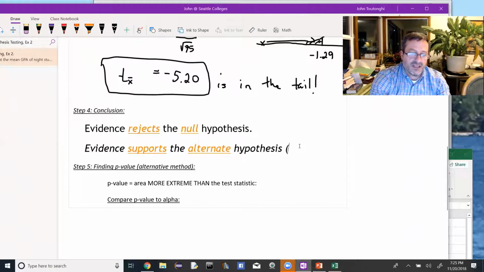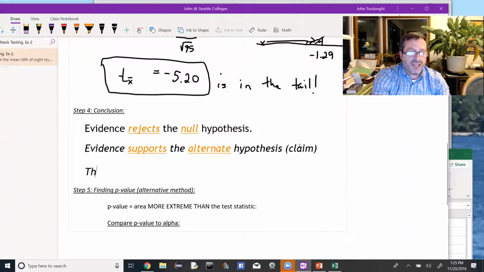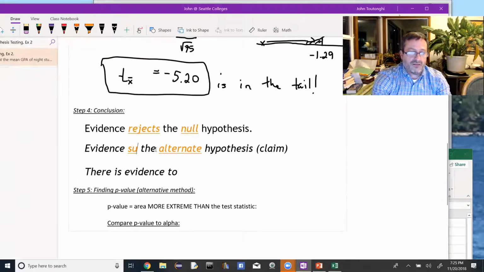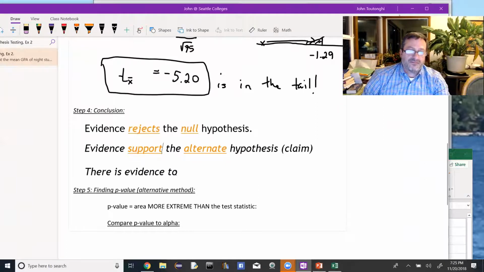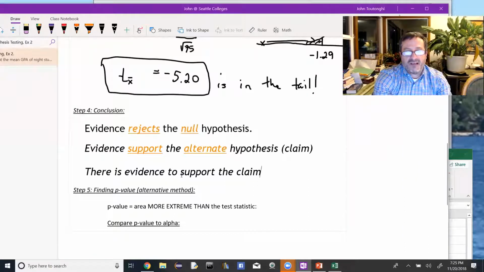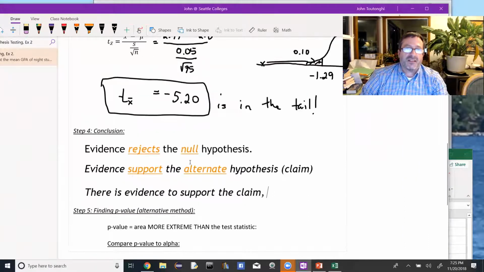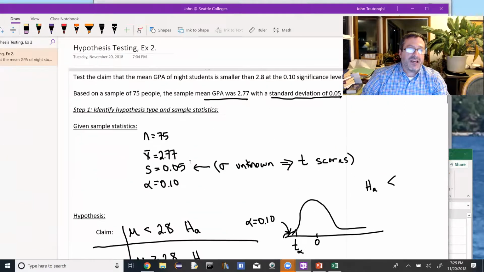And the reason I'm doing that is because this is my claim. And then we would say there is evidence to support the claim. And, you know, we might reiterate what the claim is. The claim is that the mean GPA of night students is less than 2.8.